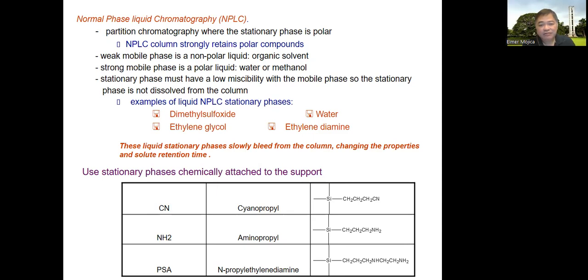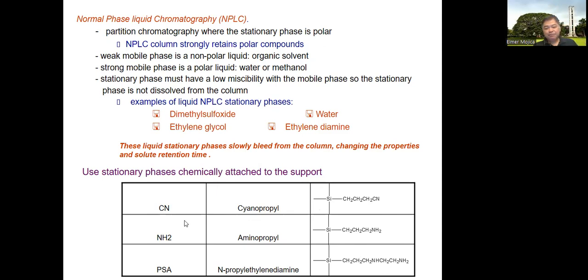The stationary phase must have low miscibility with the mobile phase, so the stationary phase is not dissolved in the column. Some of the stationary phases are the cyanopropyl, aminopropyl, and the N-propyl diethylamine. These are coated on the silica, the Si.